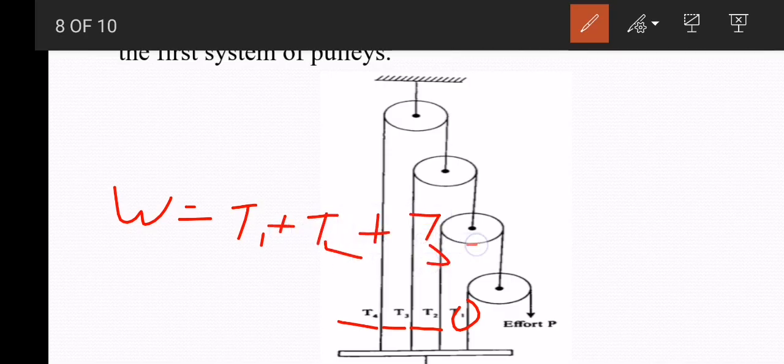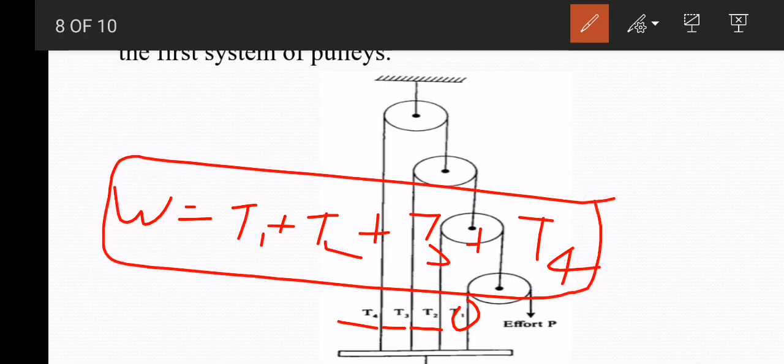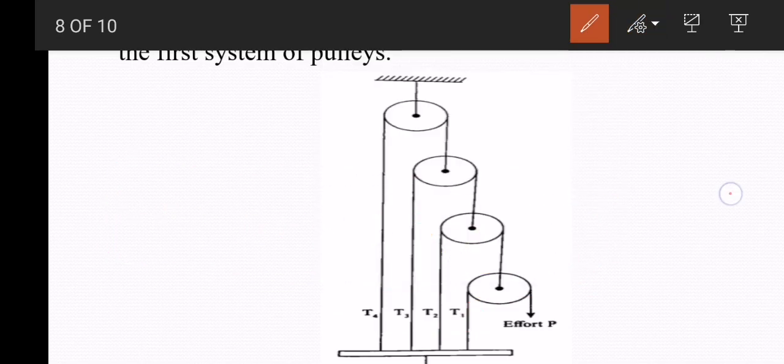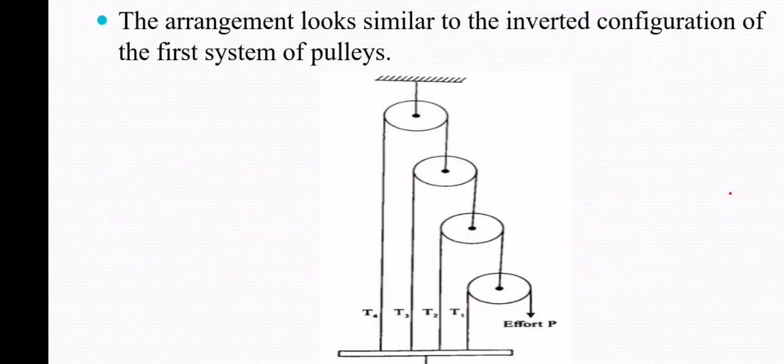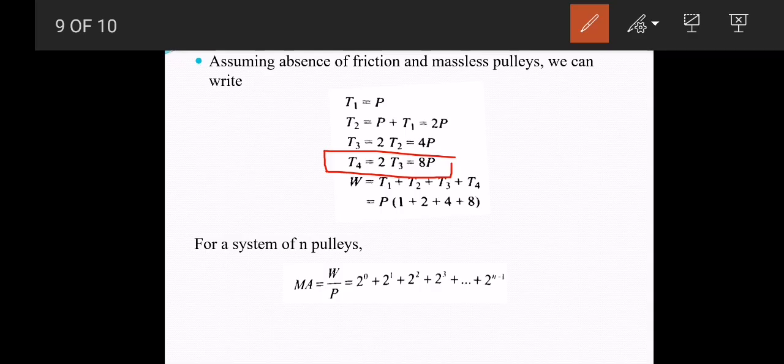So this will be W, and when we put the values of this, we get W is equal to P times the bracket of 1 plus 2 plus 4 plus 8. So this will be the answer, but it is for 4 pulleys.